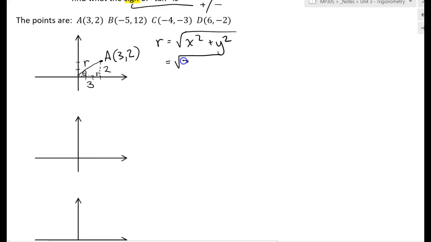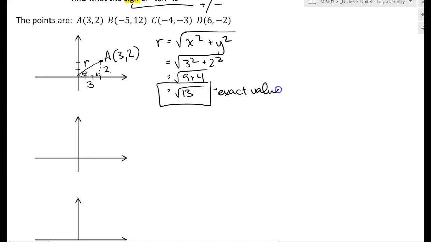So it's the square root of 3 squared plus 2 squared, which is 9 plus 4. So we're dealing with the square root of 13. We are going to practice leaving our answers in exact value form. We need to get comfortable with using radicals. This is an exact value because when we deal with a number that doesn't have a perfect square root, it is what we call an irrational number.